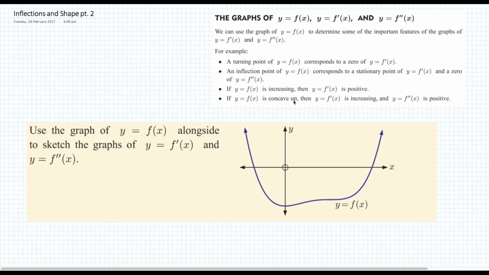If our function is concave up, then our first derivative is increasing, and our second derivative is positive, and vice versa. If it's concave down, our first derivative is going to be decreasing, and our second derivative is going to be negative. It's worth noting that we're now talking about what's happening as we travel from left to right, around a certain point, of what our first derivative is doing. It's not whether it's negative or positive, it's what it's doing. Say we go from x equals 0 to x equals 1.